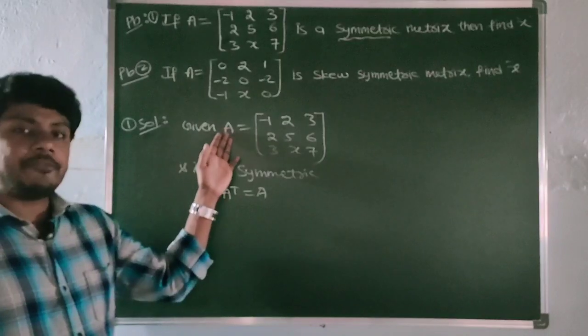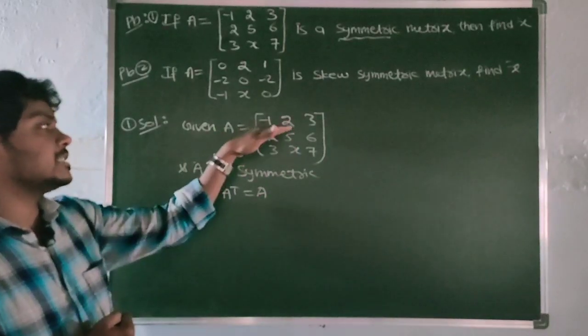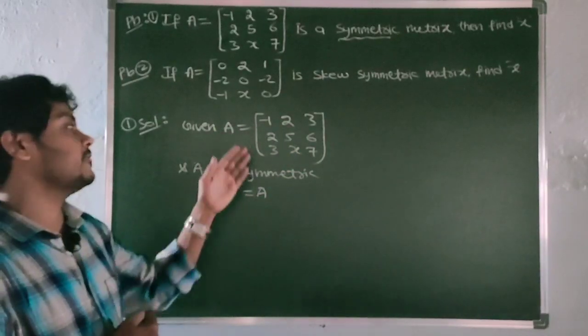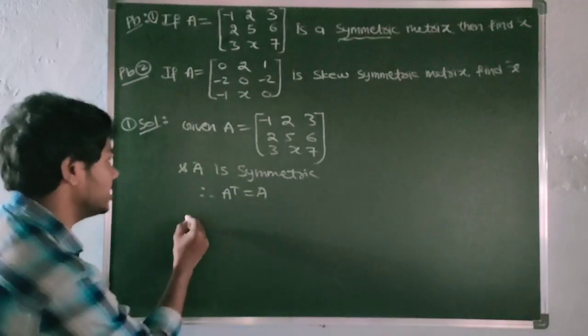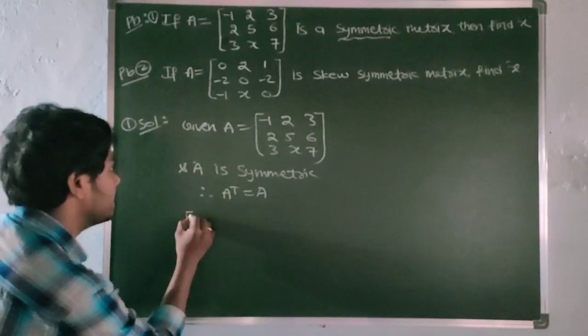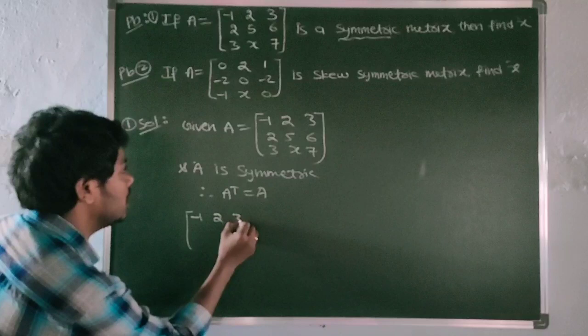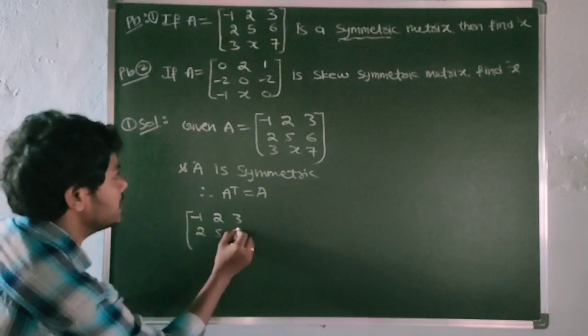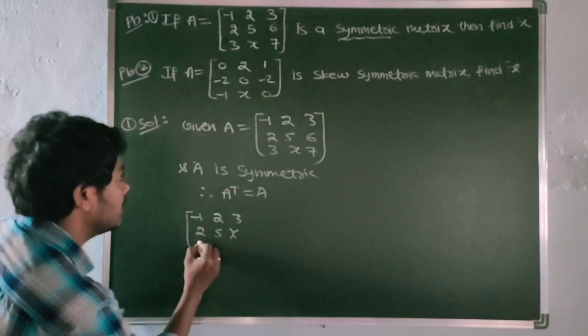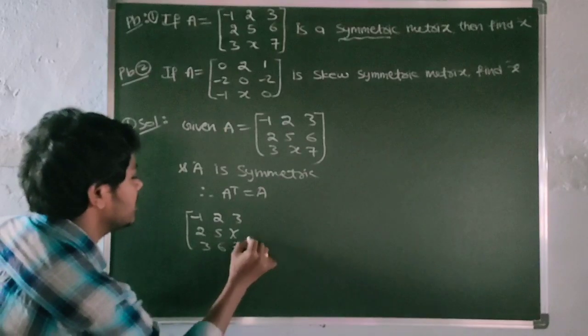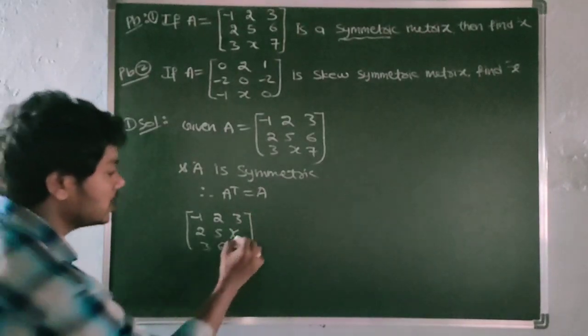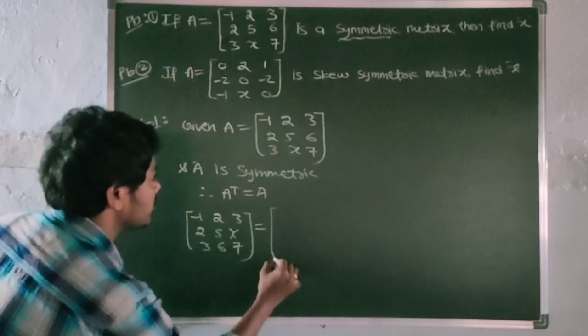So the transpose of A, that is interchanging the rows and columns of this matrix, is minus 1, 2, 3, 2, 5, X, 3, 6, 7. This is A transpose is equal to A. So what is A?